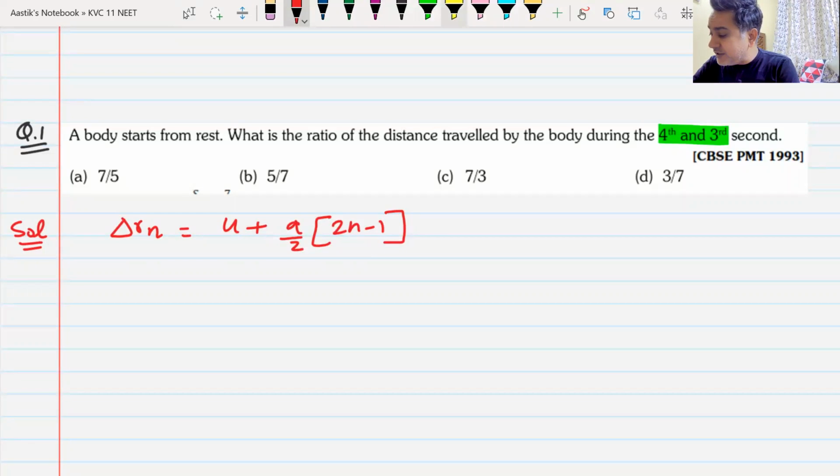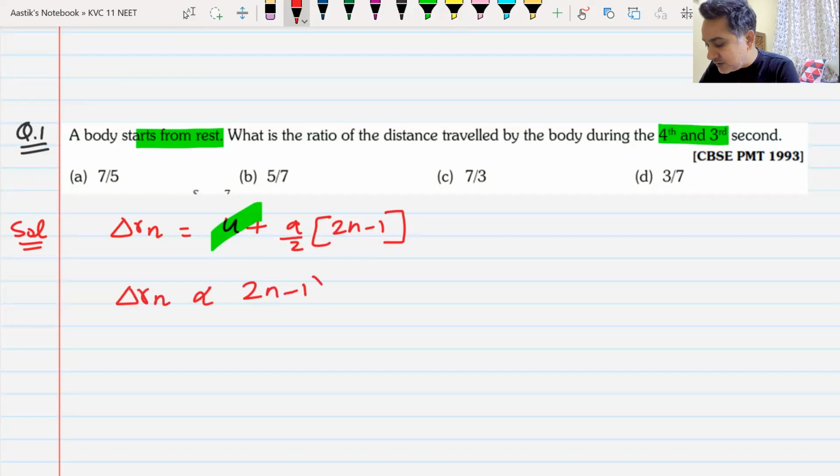Now here the body, as you can see, starts from rest. So u is going to be 0. So I can just see that this displacement is proportional to 2 times n minus 1, because the acceleration is constant. Do we understand this? So displacement will be proportional to 2n minus 1.